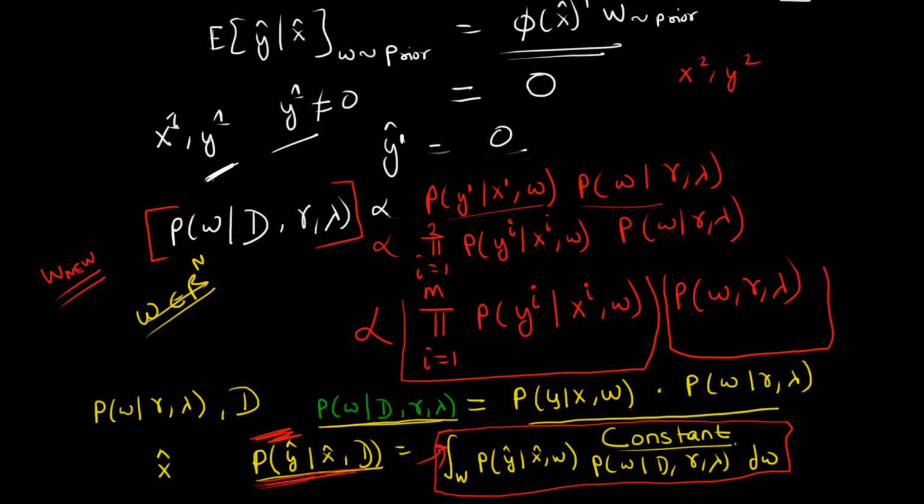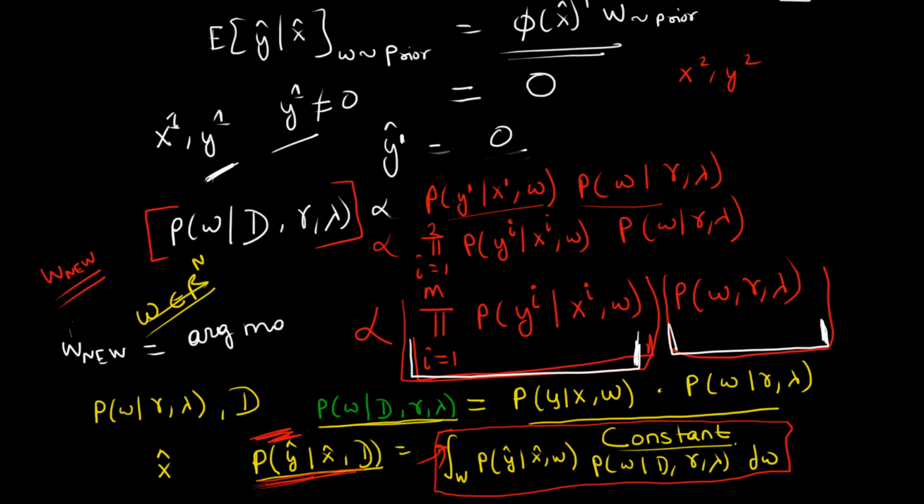So one of the obvious choices of W now is the one that maximizes the likelihood as well as the prior, so there's a trade-off between the likelihood and the prior, right? It takes the prior into account, it takes the likelihood into account, and now can we compute a W that maximizes this posterior distribution?